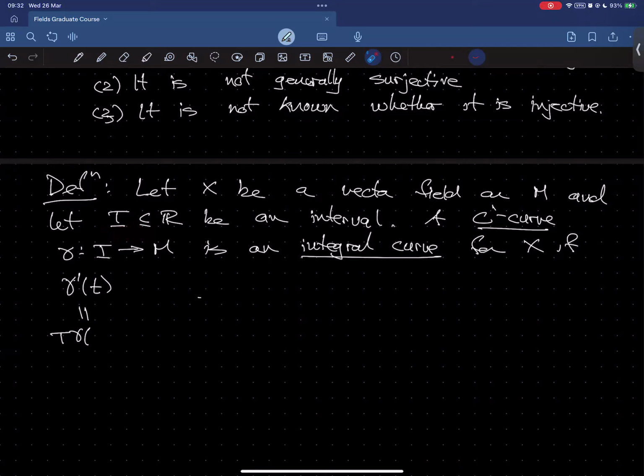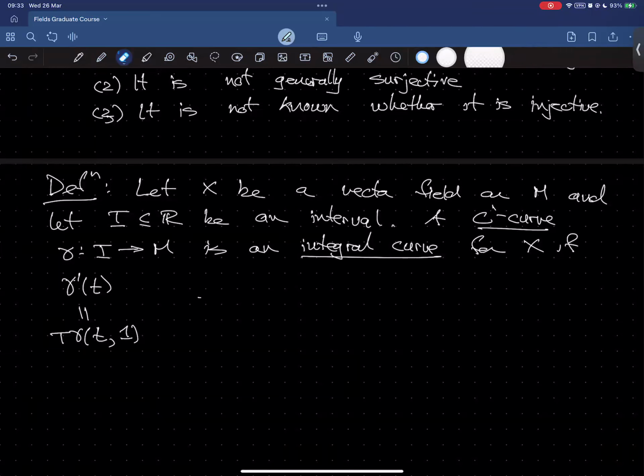If you want, just assume that I is open. Anyway, TI will be I cross R. So I'm going to evaluate this thing at a point in I cross R, where the point in I will be t and the point in R will be 1. That's the definition of gamma prime. And this is not quite the same.